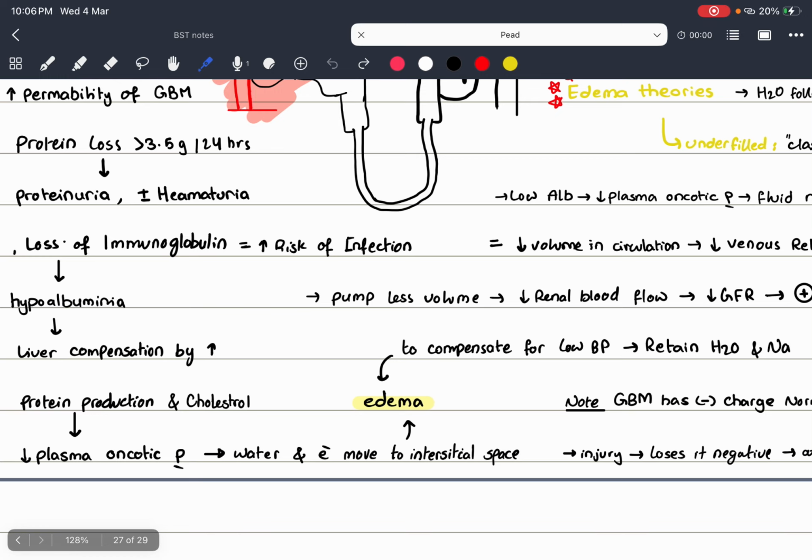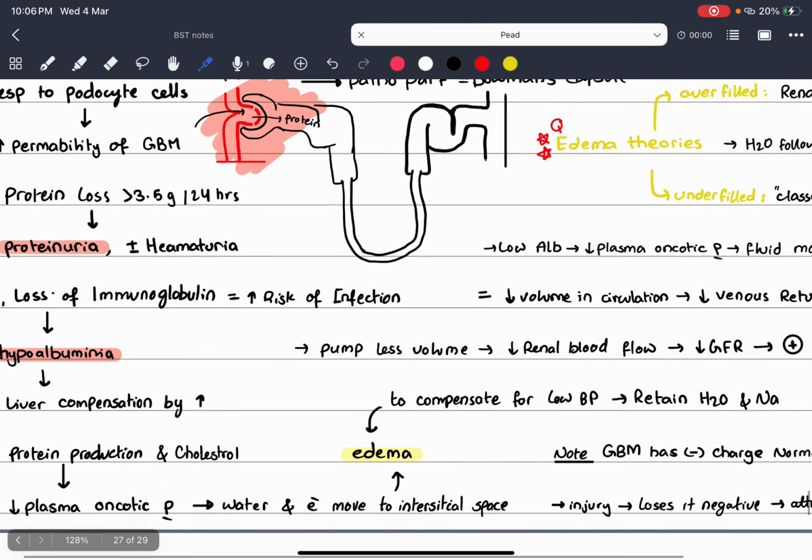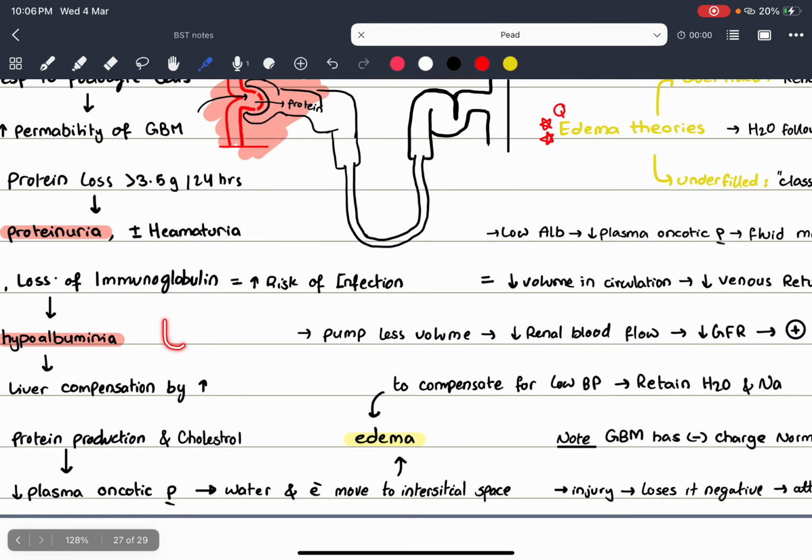And because albumin is a protein, you'll be having hypoalbuminemia. So this is one of the criteria: hypoalbuminemia and proteinuria. And then because of hypoalbuminemia, your liver will try to compensate, right? This is your liver, and the liver will try to compensate.